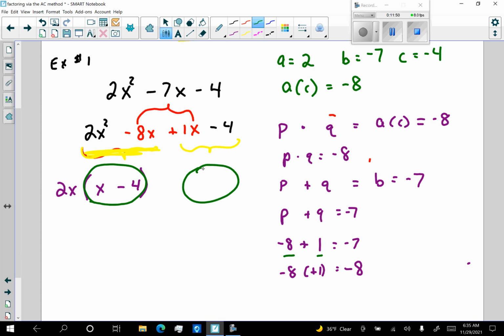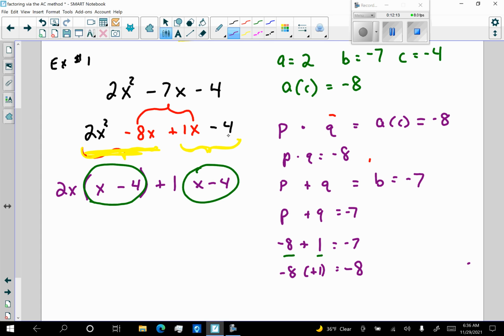It's going to end up over there every time if you find the p and the q. So I'm going to take this x minus 4 and slide it right here in that box. And I'm going to ask, what times x minus 4 is x minus 4? You can see that number right there is a positive 1. 1 times x is x. 1 times negative 4 is negative 4.